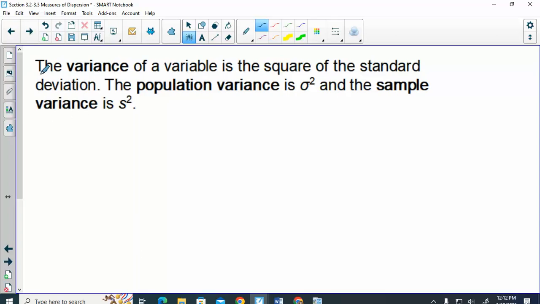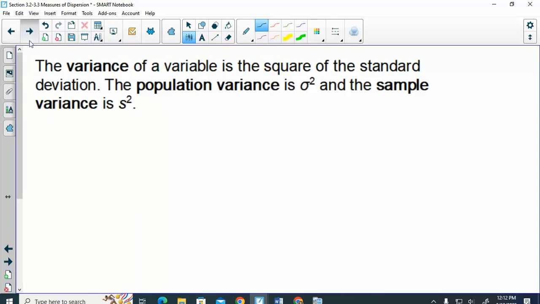Yep, population variance is sigma squared, sample variance is S squared. So if you have your standard deviation, all you do is square it to get the variance. Variance is kind of like mode. It's there, it's something we can use. Sometimes we look at it, but it's not what we frequently go to. We usually just rely on that standard deviation.